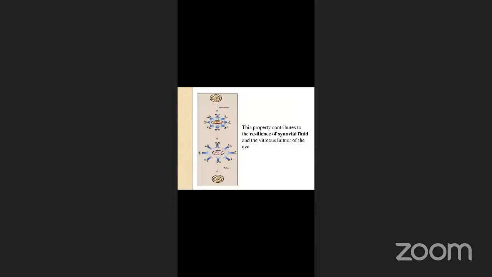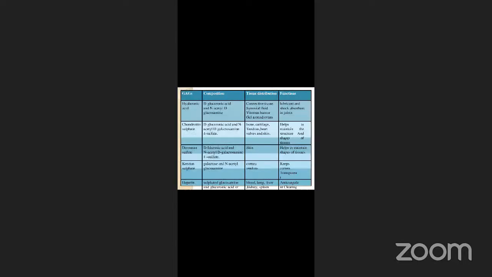They will be slippery like mucus secretions, similar to the synovial fluid. These are glucosamine, glucuronic acid, and uronic acid. Examples of glycosaminoglycans: hyaluronic acid, chondroitin sulfate, dermatan sulfate, keratan sulfate, heparin, and their functions.